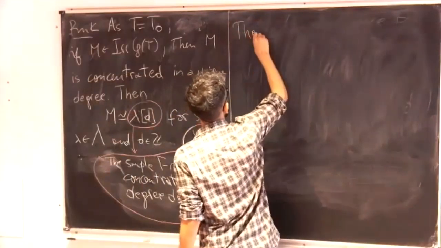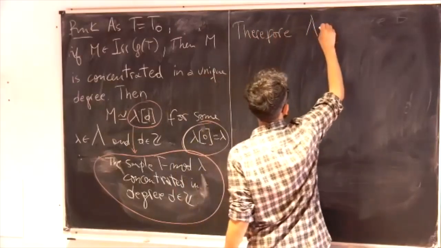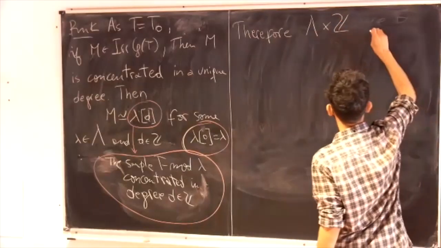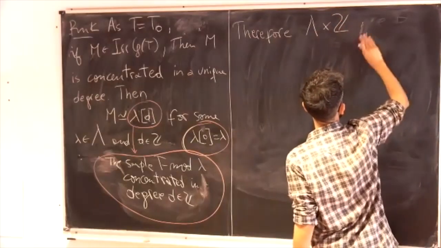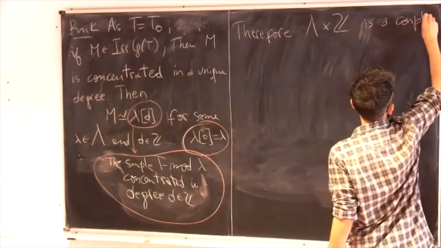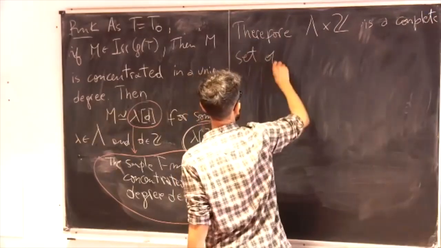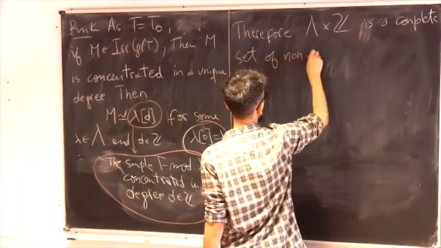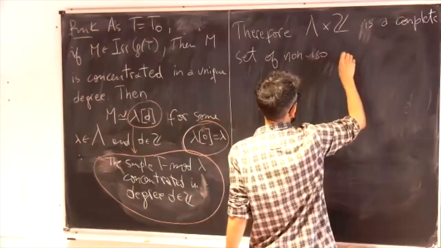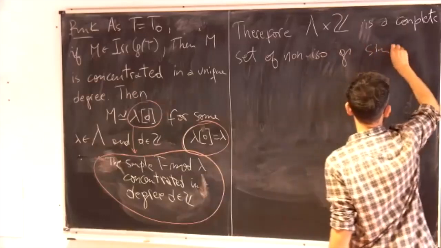Therefore, the set Lambda times integers is a complete set of non-isomorphic simple graded T modules.